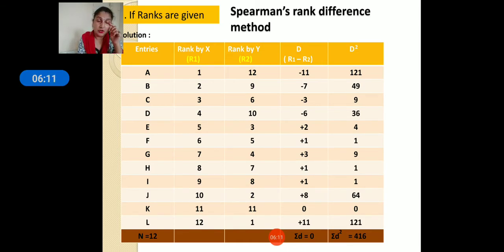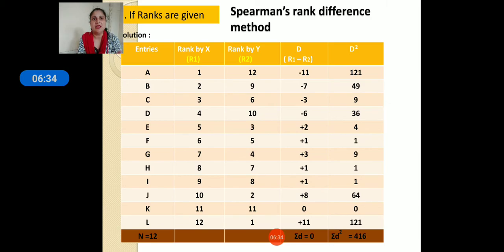We have to find the difference of their ranks. So always remember, if R1 is small and R2 is larger, the difference will come negative. If R1 is larger and R2 is smaller, the difference will come positive. In the given example, the first judge has given 1 and the second judge has given 12, so 1 minus 12 we will get minus 11.